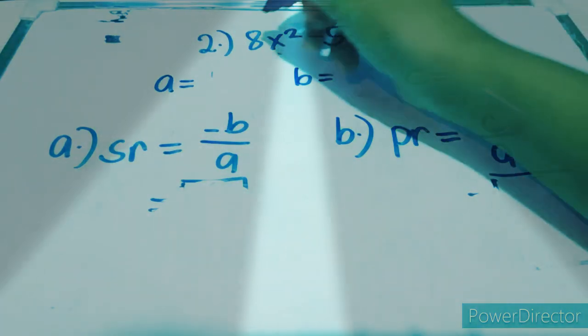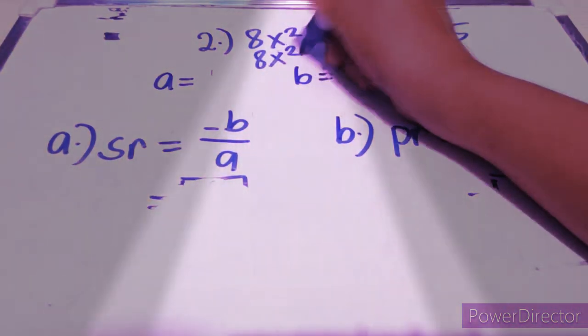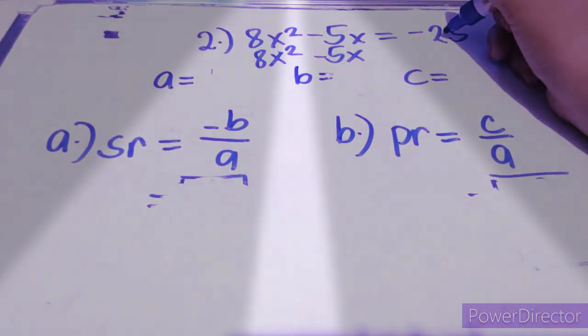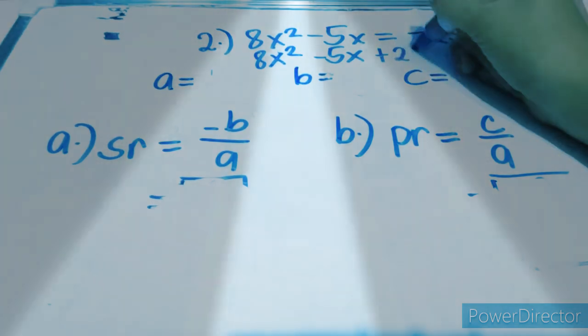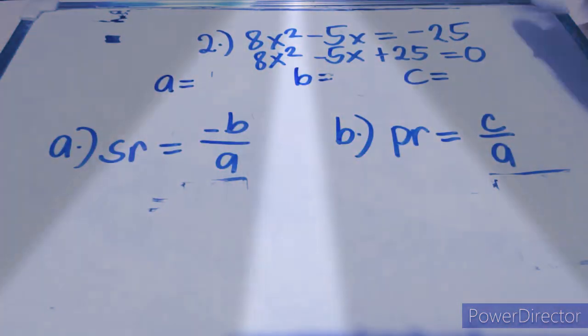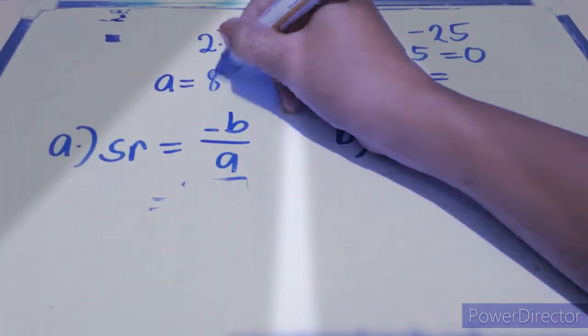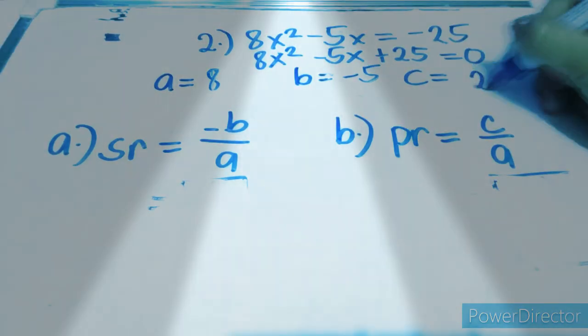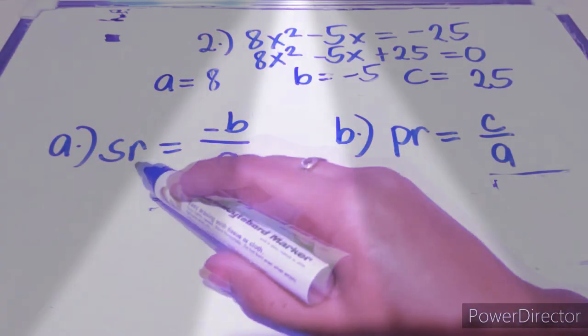So you have 8x squared minus 5x, and negative 25 will become positive 25 equals 0. So the value of a is 8, the value of b is negative 5, and the value of c is 25.